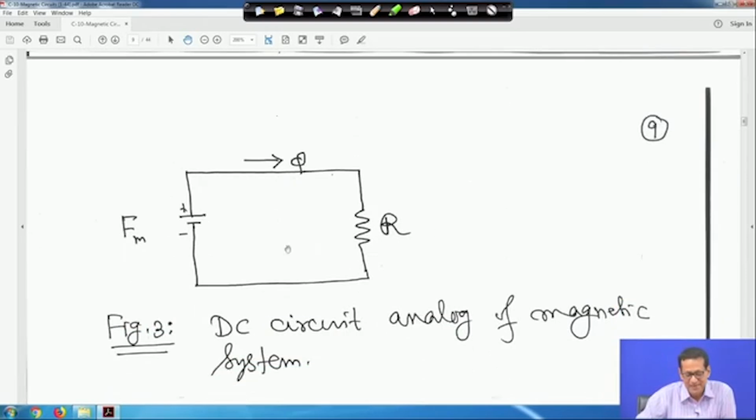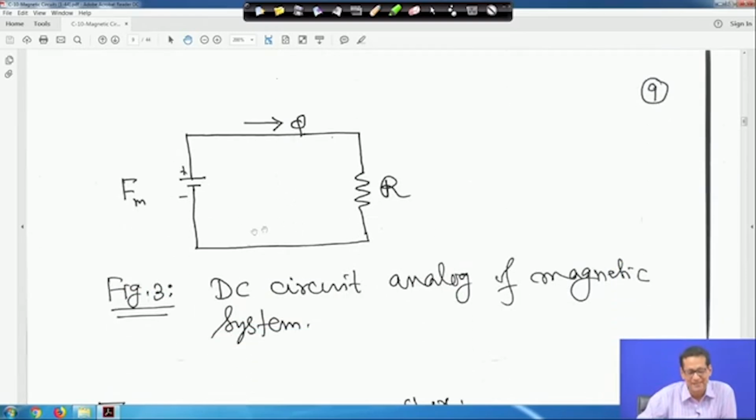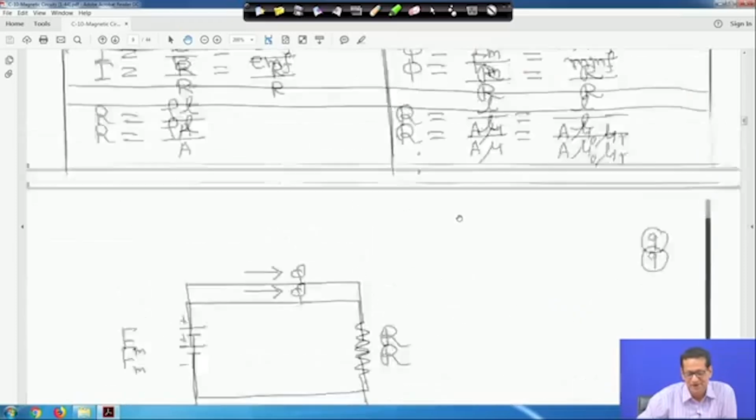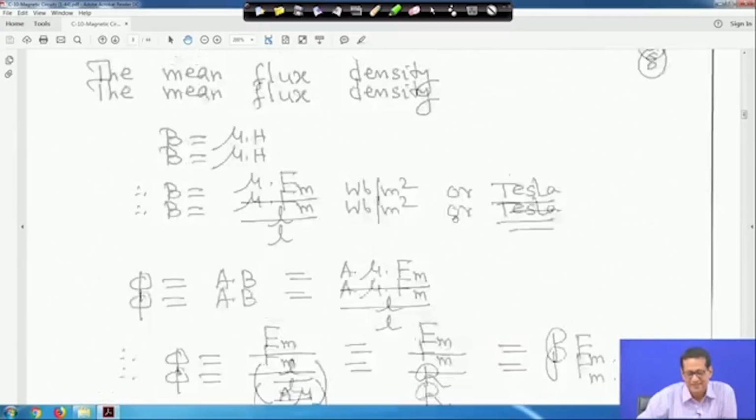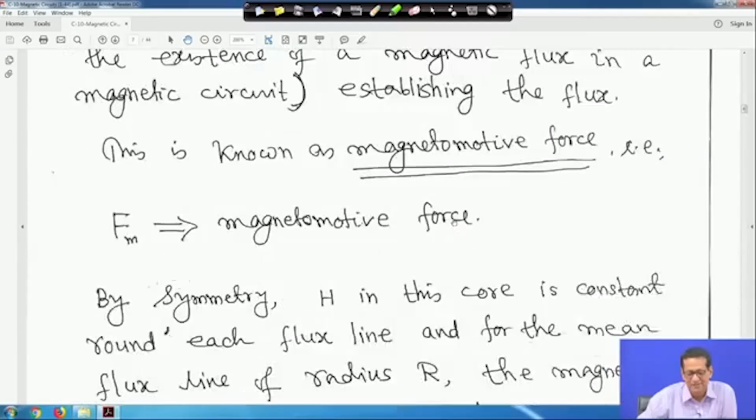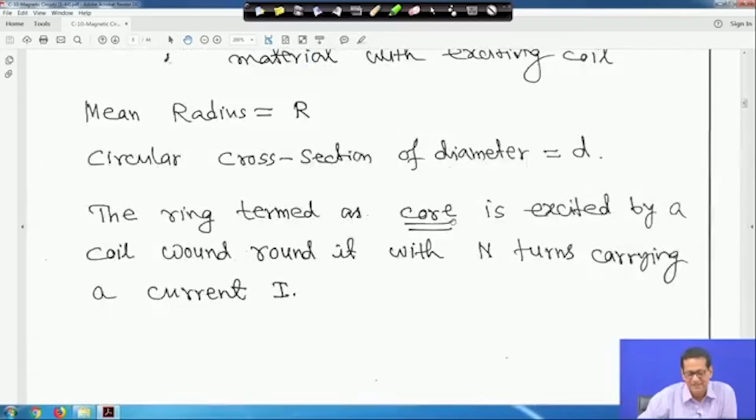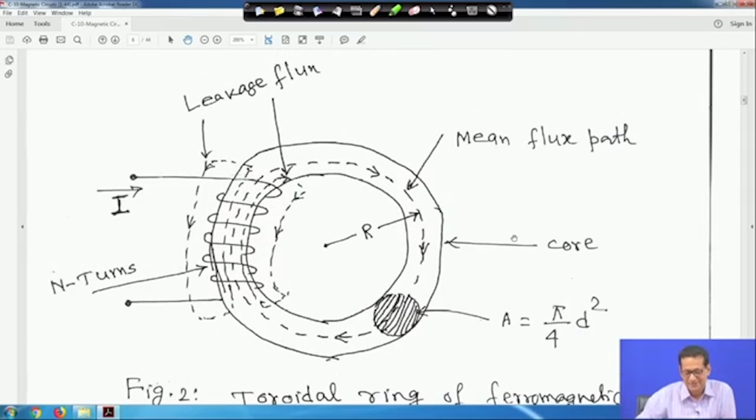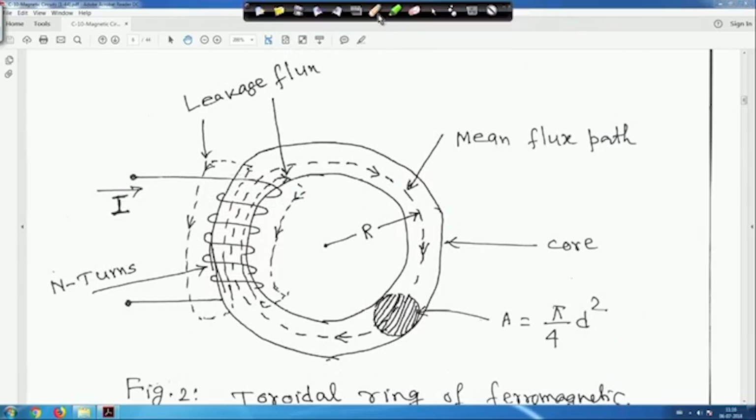So now if we make the DC circuit magnetic circuit like this, this is Fm and this is phi, this is R. How have we taken it? If you look into this diagram, I told you to grasp the conductor and the thumb will be the direction of the flux, right?